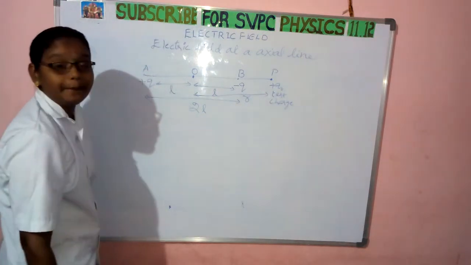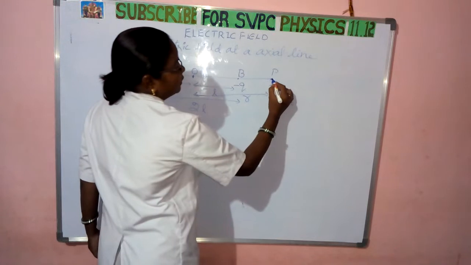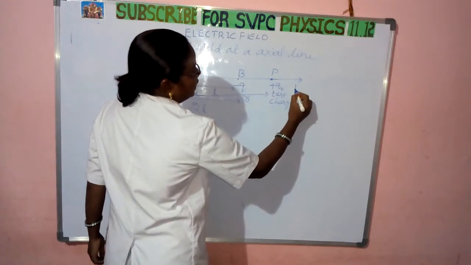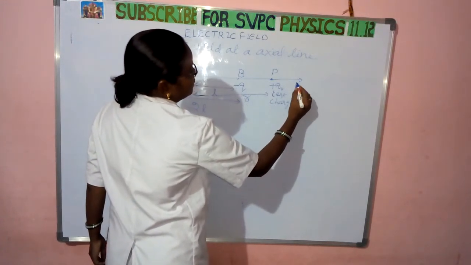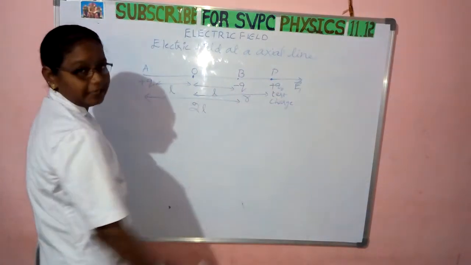What happens? Repulsion arises. So E1 will be in this direction, outside, because repulsion will arise.